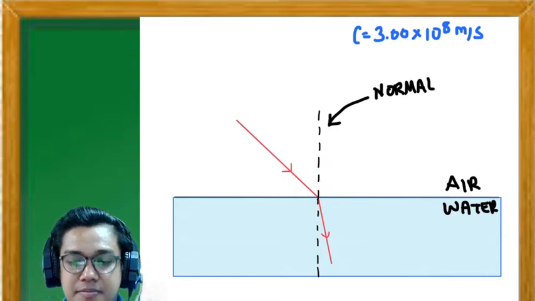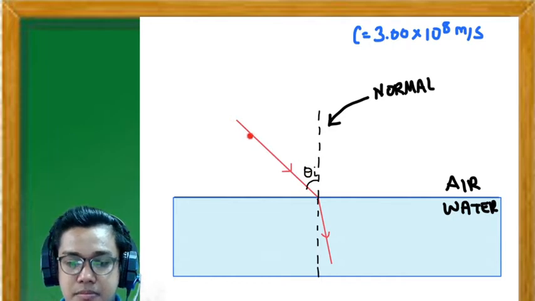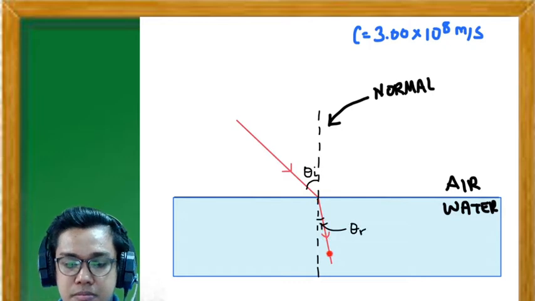The first angle that we'll measure is the angle of incidence. And this angle right here is going to be the angle between the incident ray, that's the incoming ray, and the normal line. The second angle that we'll measure is the angle of refraction. And the angle of refraction is the angle of the refracted ray and the normal line.